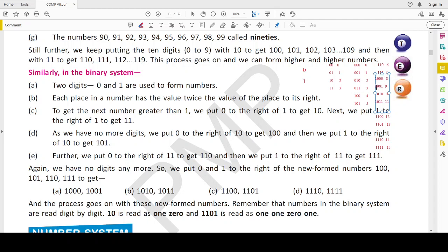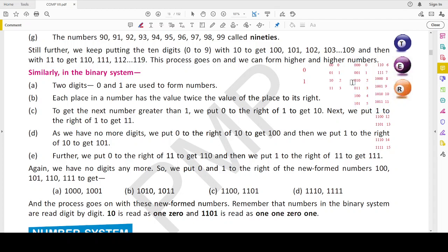Next 1 0 0 1, it is 9. 1 0 1 0, it is 10.